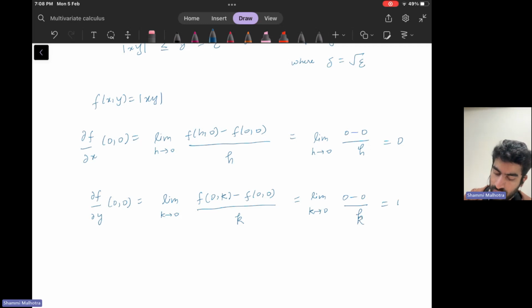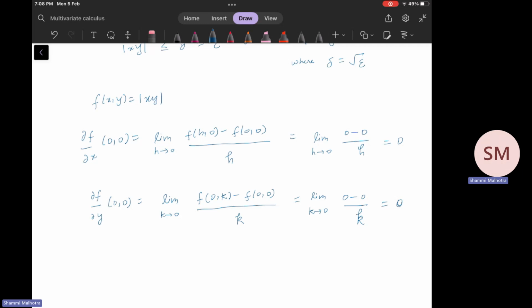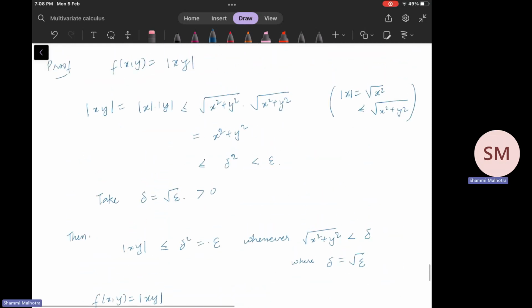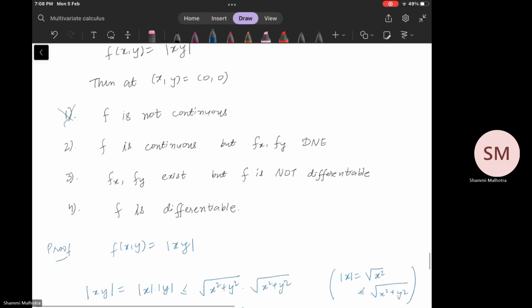So this will be 0 only. So again, the partial derivatives exist, and we actually calculated their values as well. Their values are nothing but 0 and 0 only. So again, we can see that the second option is also not correct. The partial derivatives exist.